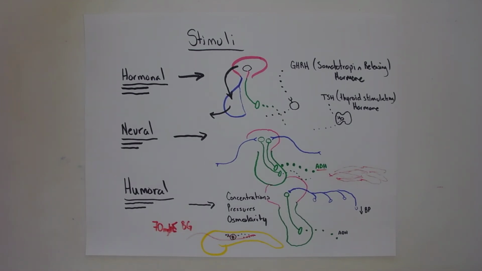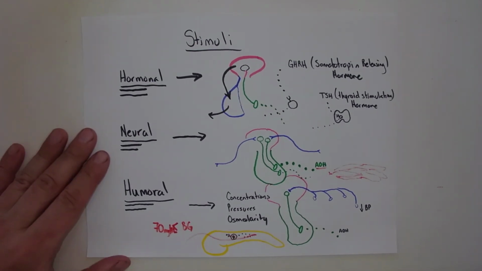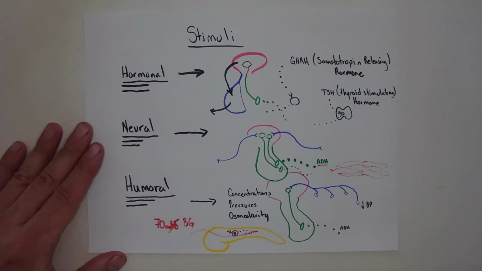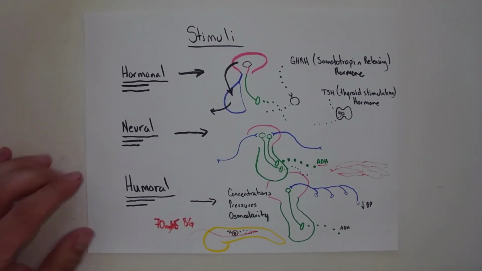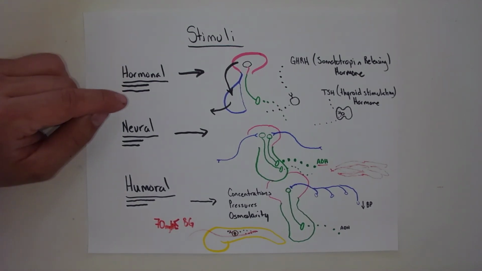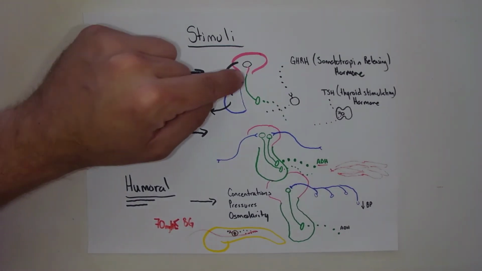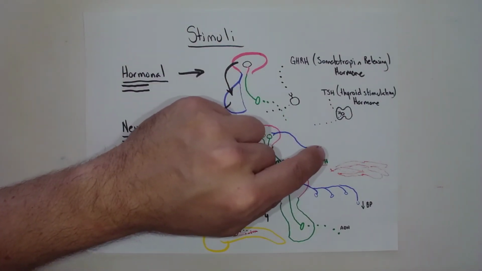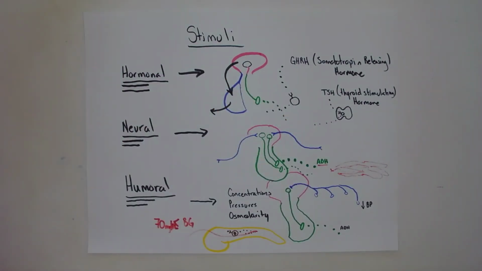So I challenge you to think about the father in the waiting room hearing his baby cry for the first time and releasing a little bit of oxytocin, this pair bonding molecule that helps the mother and father become attached to their new baby.